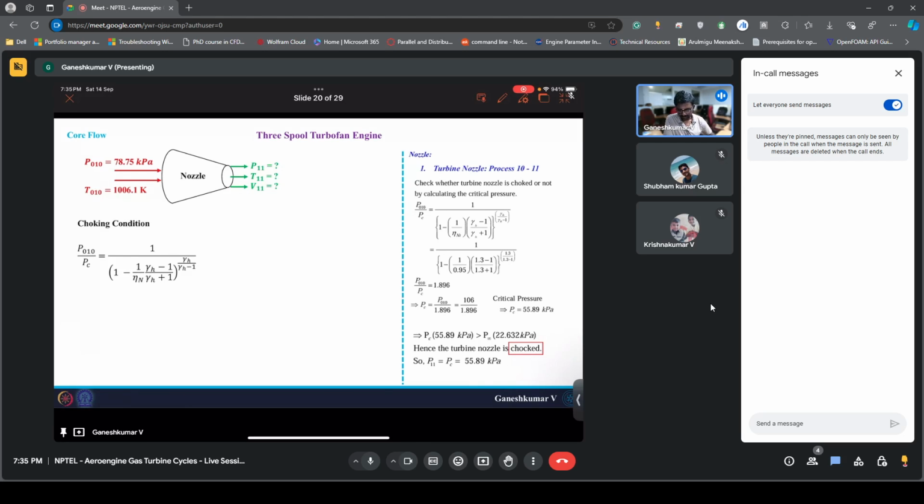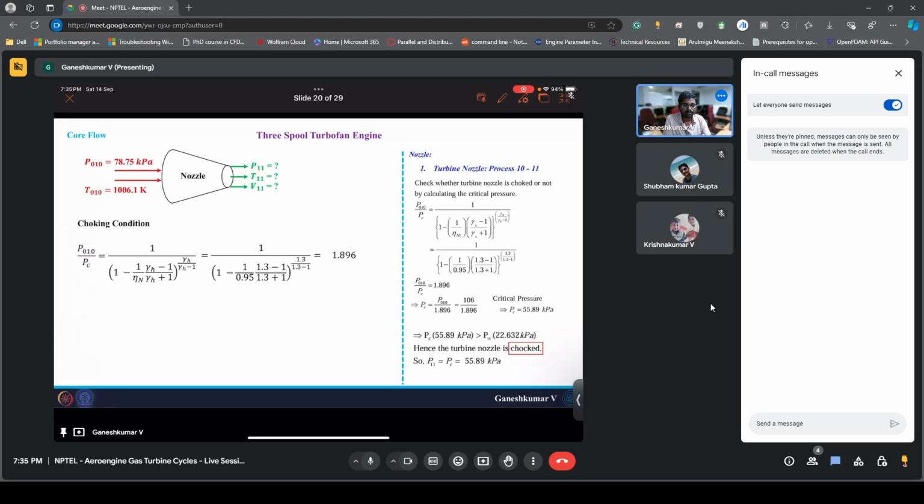As a usual procedure, we have to find whether the nozzle is choked or not. So you can find the pressure ratios. In our lectures, when we took 10% air bleed, this turbine nozzle was choked. Now, since our air bleed has reduced, our enthalpy at the inlet to the nozzle also reduced.